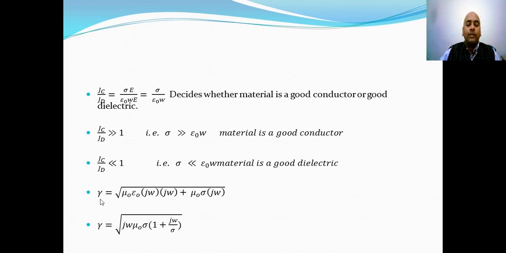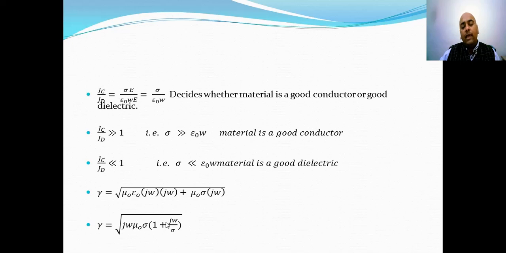The propagation constant, which we have already derived, can be rewritten as j omega mu naught sigma into 1 plus j omega by sigma. So for a good conductor, the ratio omega by sigma will be much less than 1, as we have discussed by taking the ratio Jc by Jd.